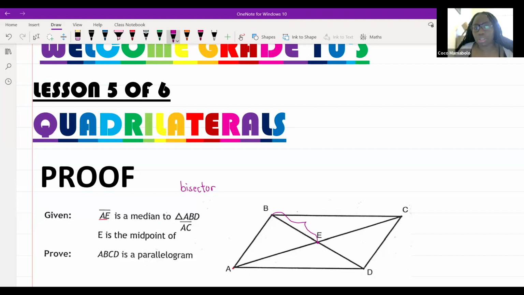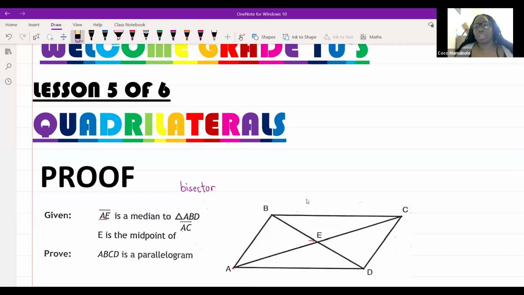It is, absolutely. Because it's been cut in half, obviously it's been cut in two equal parts, which means BE is equal to ED. And we're told here that E is the midpoint of AC, which means that AE is also equal to EC, right?